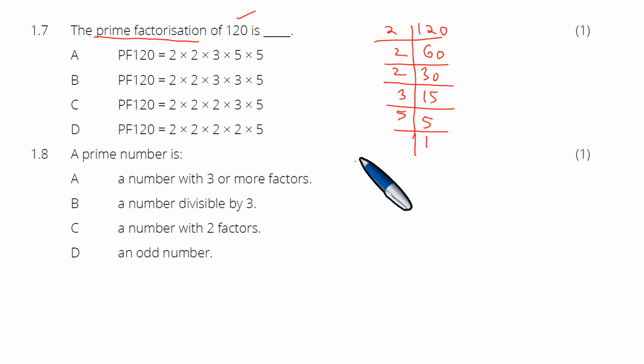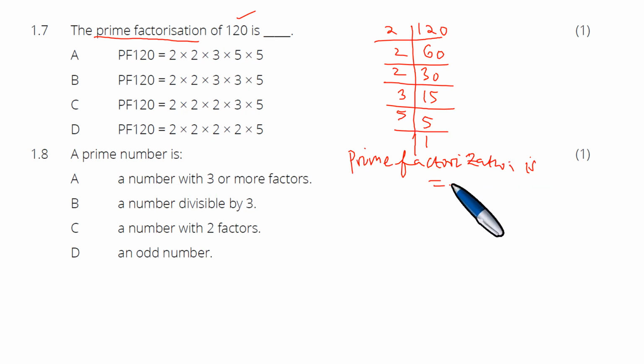Therefore, the prime factorization is 2 times 2 times 2 times 3 times 5. How many twos are there? There are 3 of them. So there are 1, 2, 3, and then 3 and a 5, and the correct answer is C.